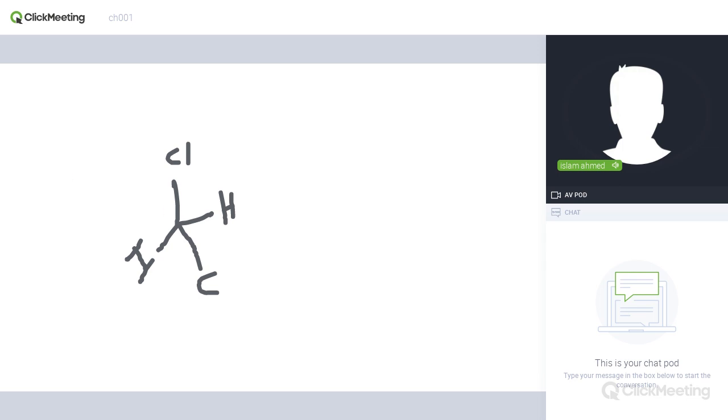This is an exam question. What is the definition of stereoisomers, chiral carbon, and how to calculate the possible number of isomers? Follow that equation: x equals 2 to the power n, where n is the number of chiral carbons. So if I have 2 chiral carbons in the molecule, I will have 4 isomers.